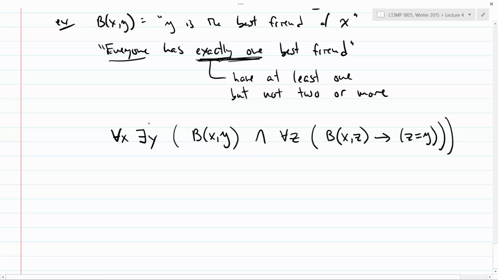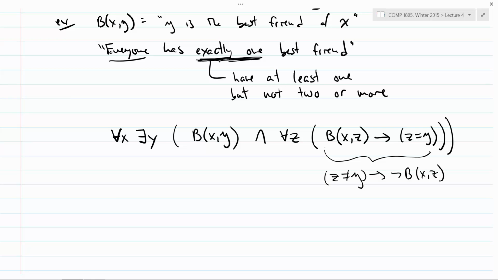Y is defined here, quantified existentially, and z is defined here, quantified universally. Another common way you could write this is z does not equal y implies not B(X, Z). That's the exact same thing, it's the contrapositive. It's like saying if z and y are different, then they're not best friends. That's the same as saying if they are best friends, then they're the same.